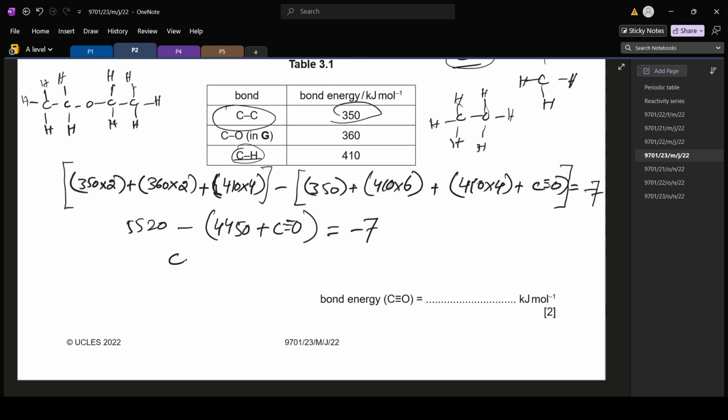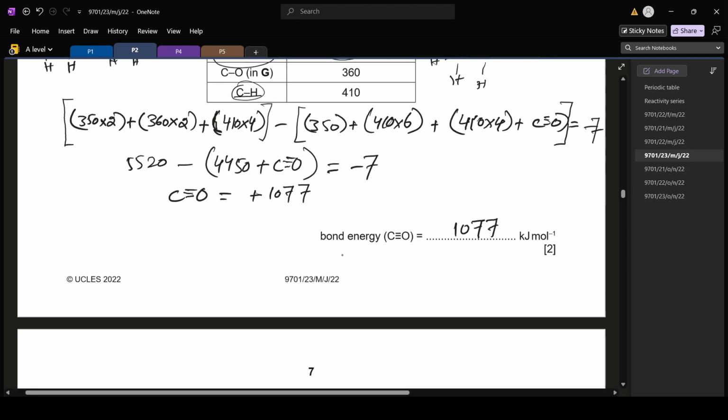From here you will get the bond energy of the carbon-oxygen triple bond, which is 10 plus 1077. Bond energies are always positive. These can't be negative. So this is the bond energy of carbon monoxide, the carbon-oxygen triple bond.